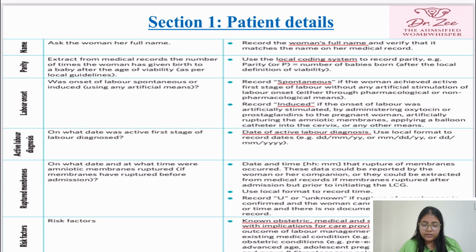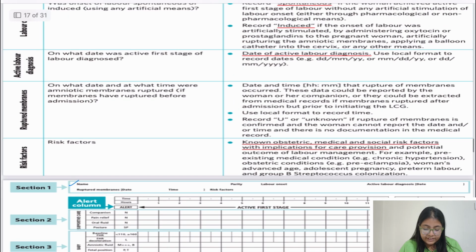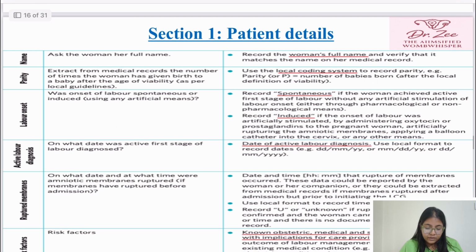So in section 1 there are patient details like this. There is name, so you write the full name of the patient, and against that all the details has been given. This I have just put for your reading. So this is the gist. Name is given, then you write about the parity. You ask the patient history and see the medical records and just write the parity.